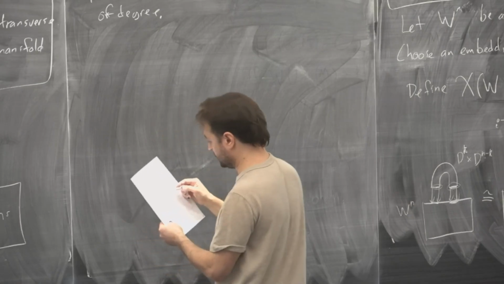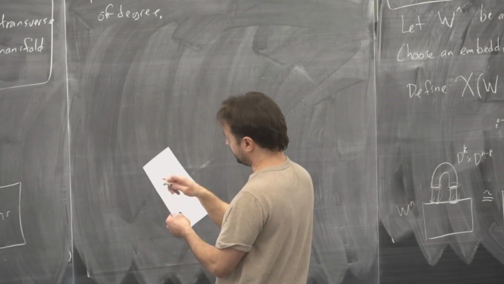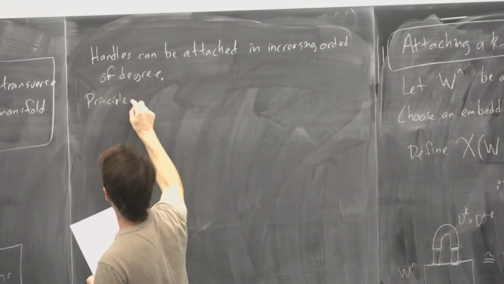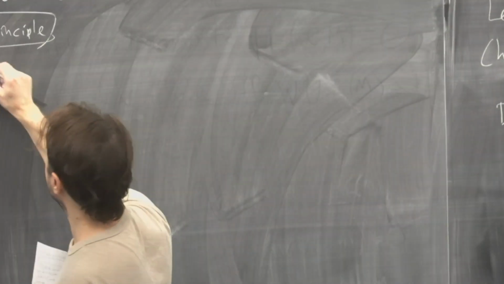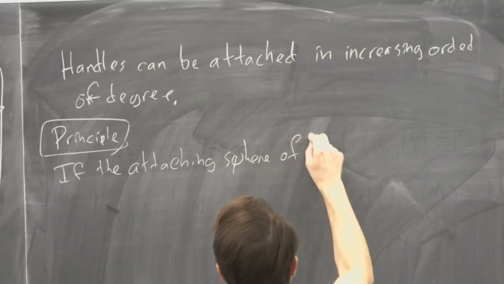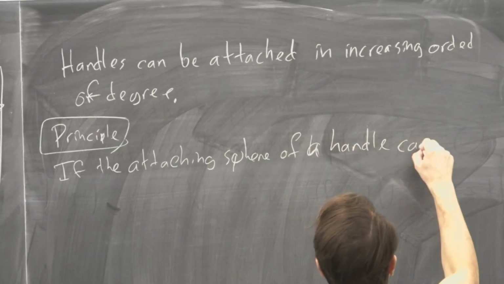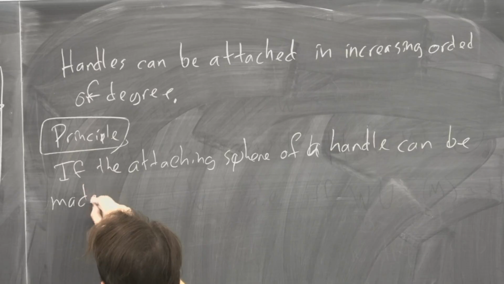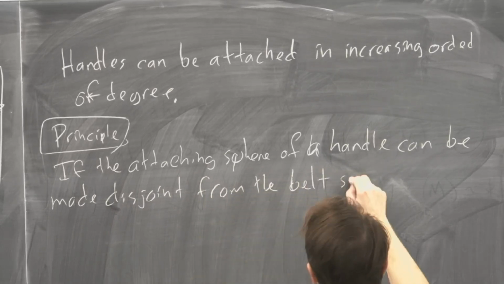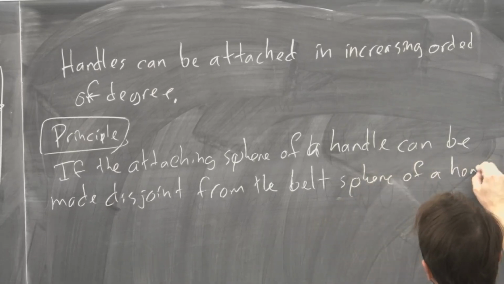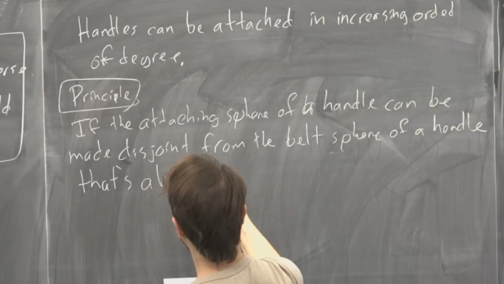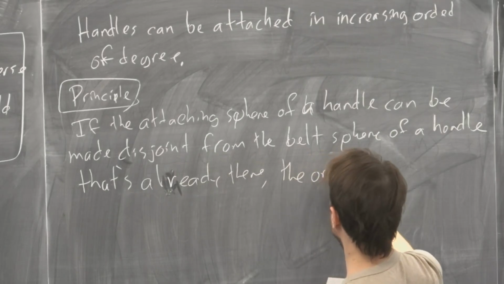So why is this? The principle of why it is important to separate things: if the attachment sphere can make this joint on the belt sphere, the order to attach doesn't matter.